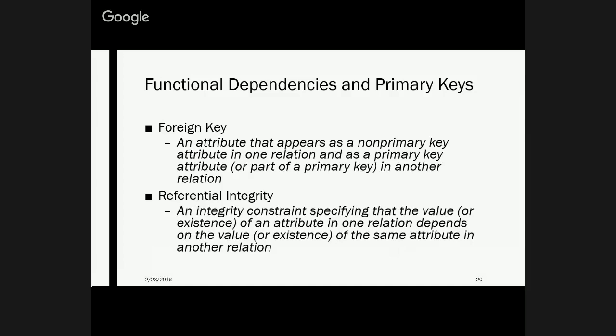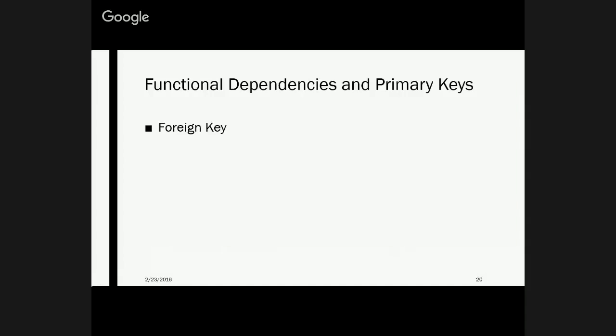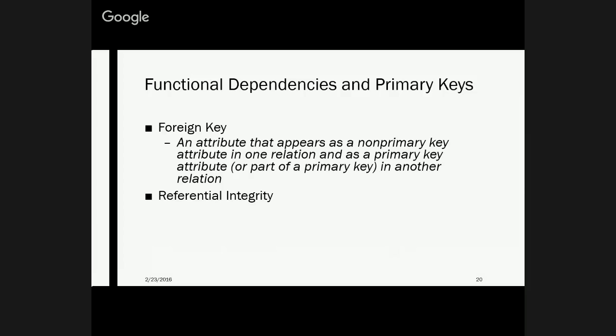So it specifies that the value of an attribute in one relation depends on the value of the same attribute in another. So Smith is Smith in both. And if Smith gets remarried and becomes Johnson, you just go here and change it, and this is all fixed and everything's happy. If you have Cascade, but Cascade update, right, through the key.